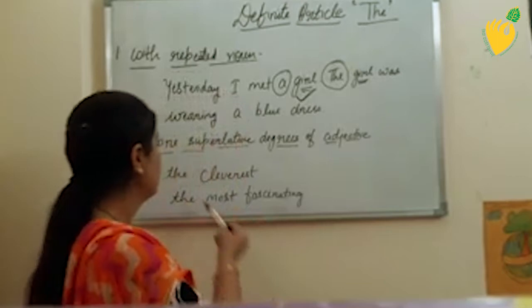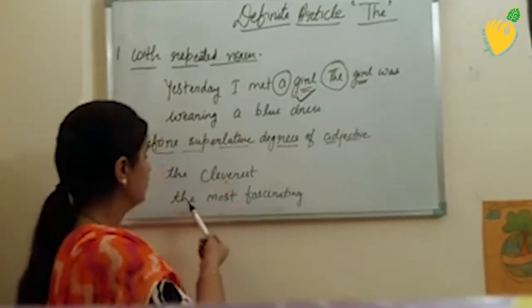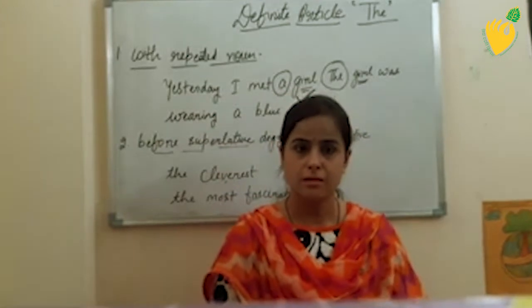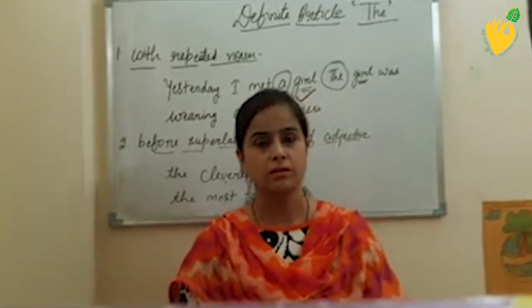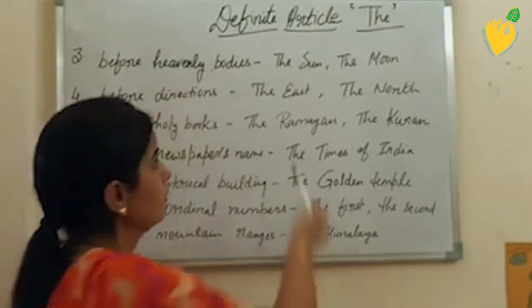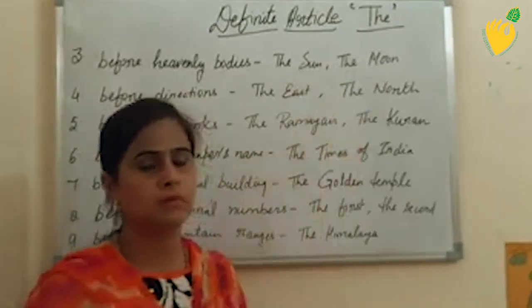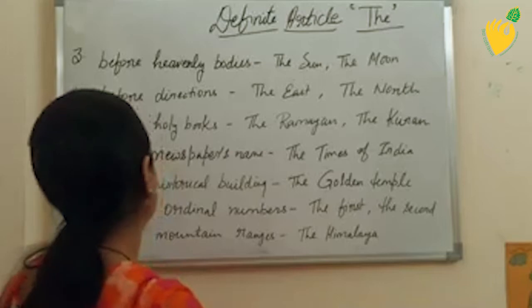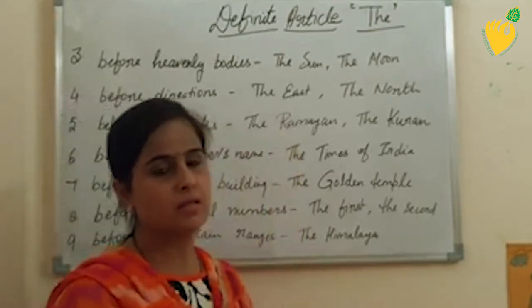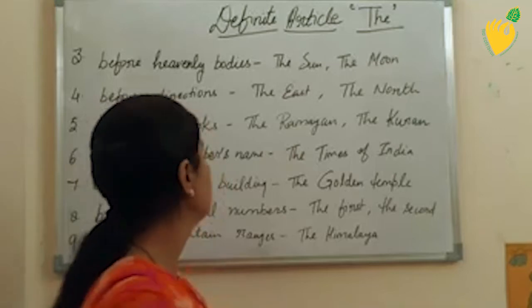For example, the cleverest, the most fascinating, the thinnest, the most important. The is used before heavenly bodies: the sun, the moon, the Neptune. Before directions: the east, the west, the south, the north.